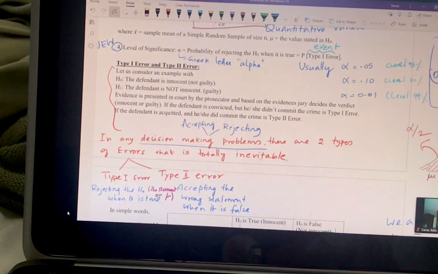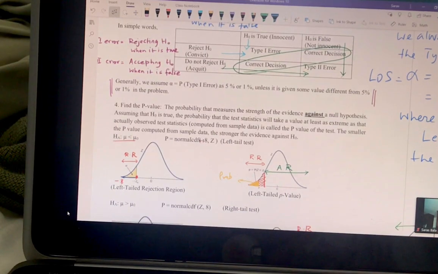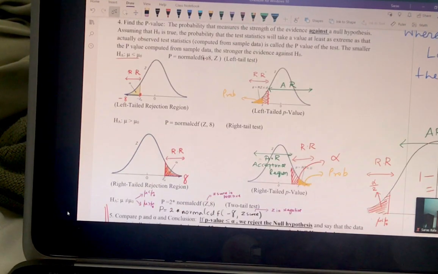And you're going to define your p-value. The p-value is going to be calculated for your left tail as normal CDF of negative 8 comma z-score. And for the right tail test, it's going to be z-score comma 8.